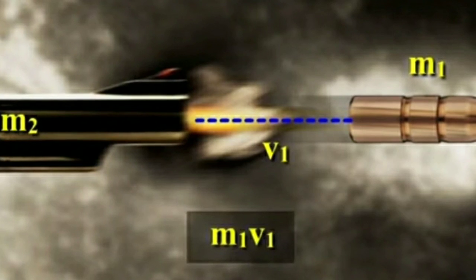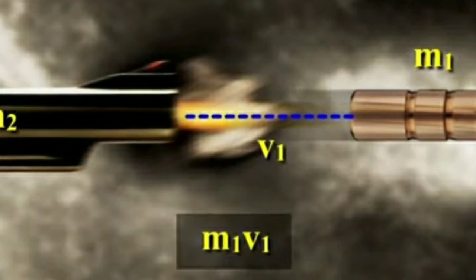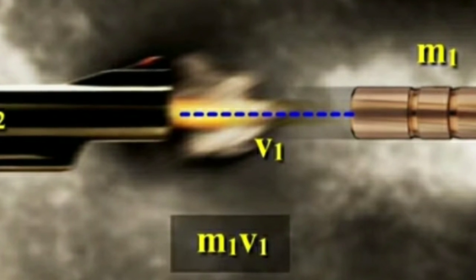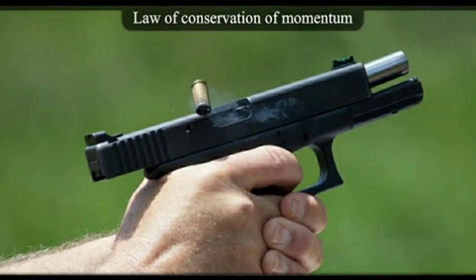Now before firing the bullet, both the gun and the bullet are at rest, and hence the total initial momentum is 0, right? Now according to the above law, the total final momentum also has to be 0.